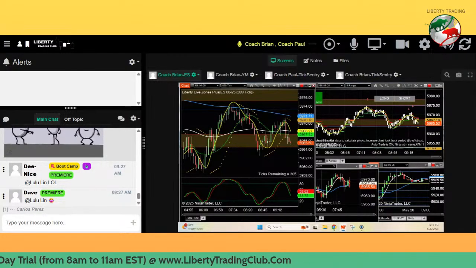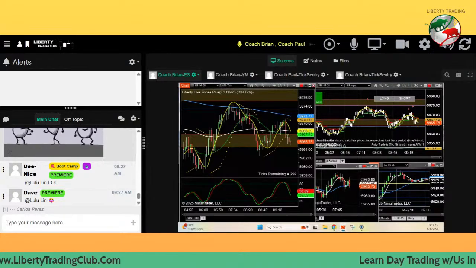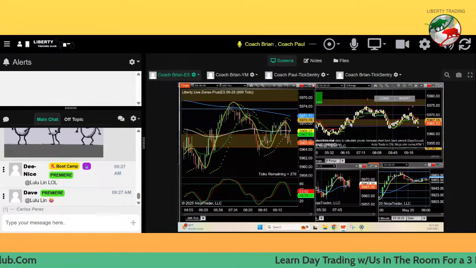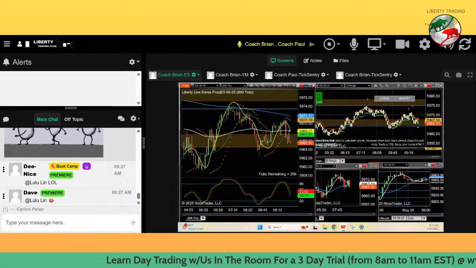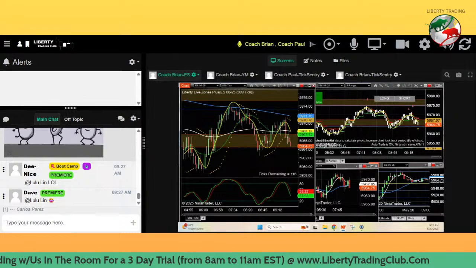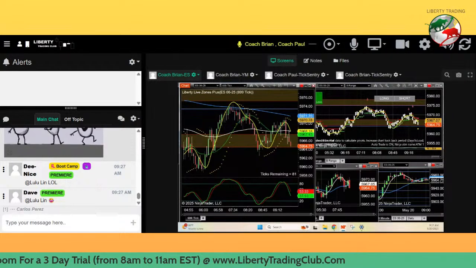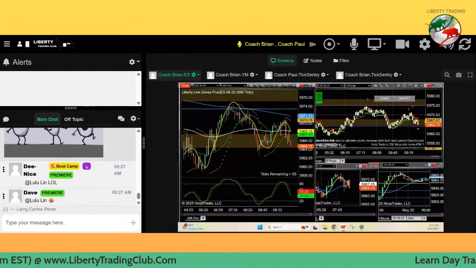Since you convinced me to get that one prop account and keep it, I still pay for data with my cash account. That's weird because I don't. Maybe I don't have to, but I don't know. I don't think you have to. Anybody else? Does anybody trade a cash account using prop data? So the point I'm trying to make is I don't trade a cash account using prop data.